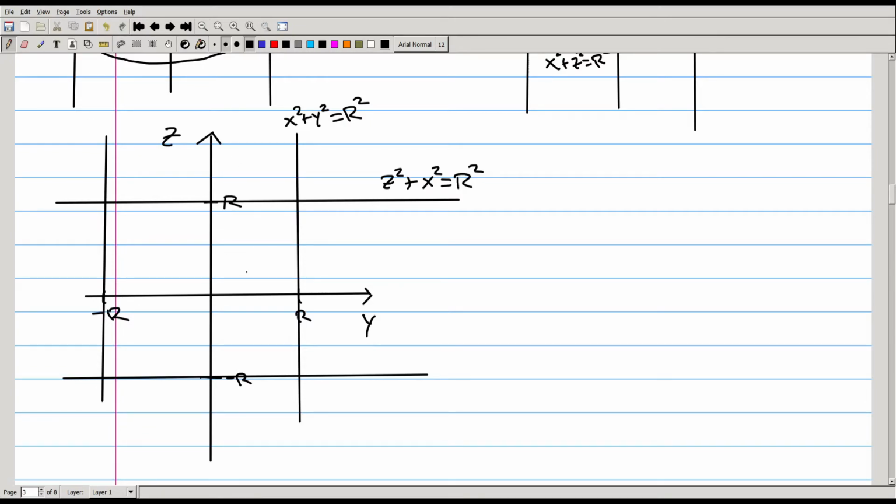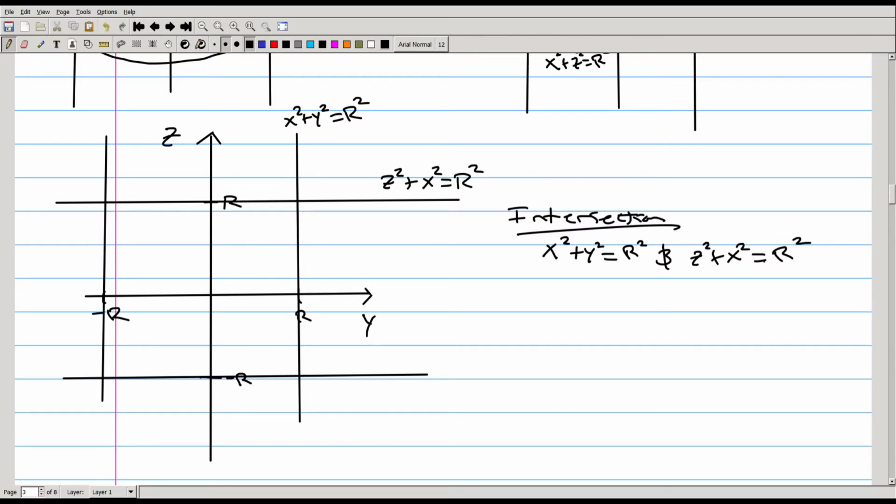That being said, the region, if you look at the upper and lower x bounds in this region, is going to be a little bit complicated. Because what we have to do is consider the intersection of these two cylinders, and the intersection of these two cylinders, right, is given by when the curve x squared plus y squared is equal to r squared, and z squared plus x squared is equal to r squared.